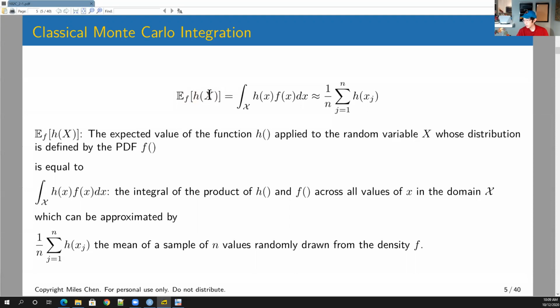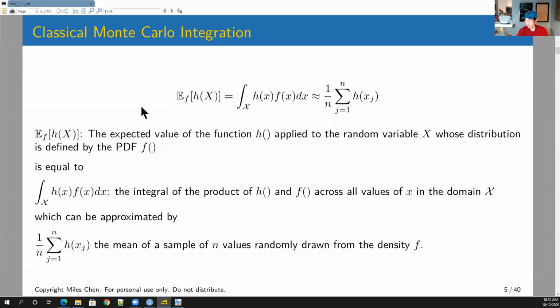And x has a distribution defined by the PDF f. So when you have this distribution f, this is the expected value that you get when you apply h to this random variable x.